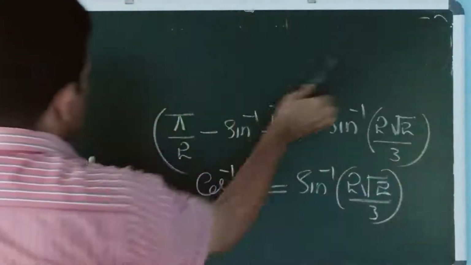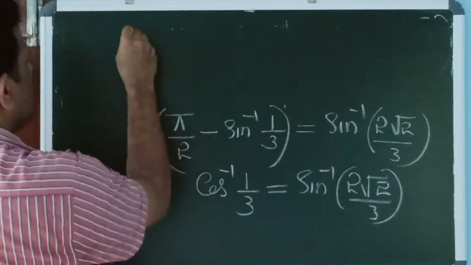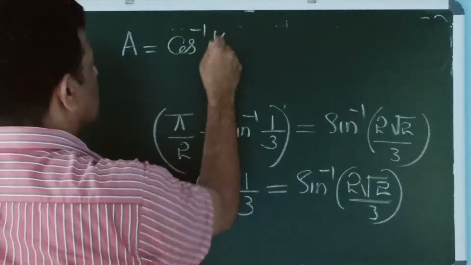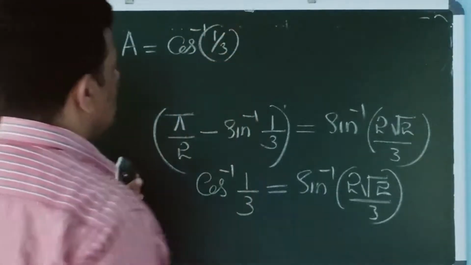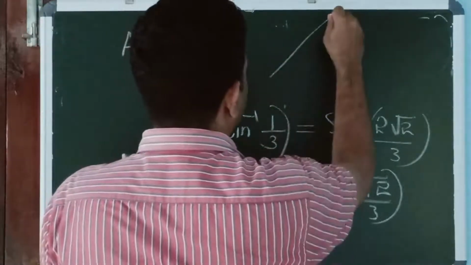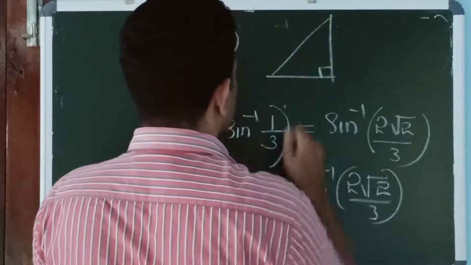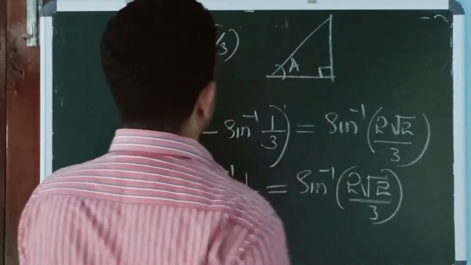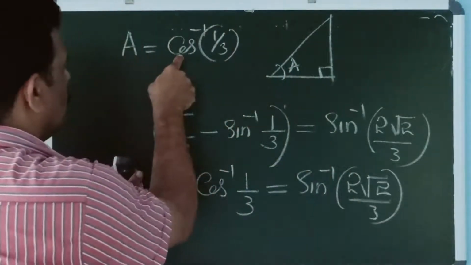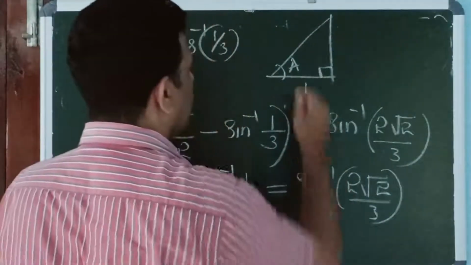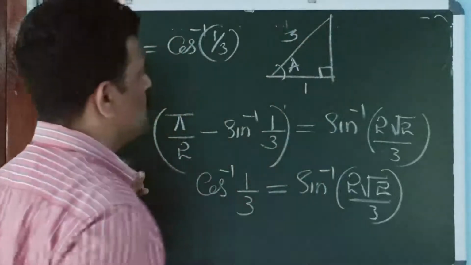Now, I am taking A equal to cos inverse 1 by 3. Here I am drawing a right angle triangle like this. This angle is 90 and this is A. Given A is equal to cos inverse 1 by 3, we can take this length as 1 and this length as 3.